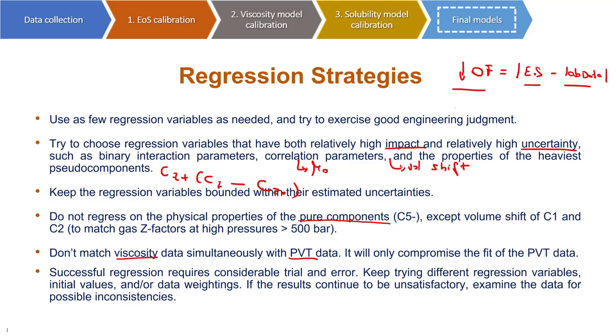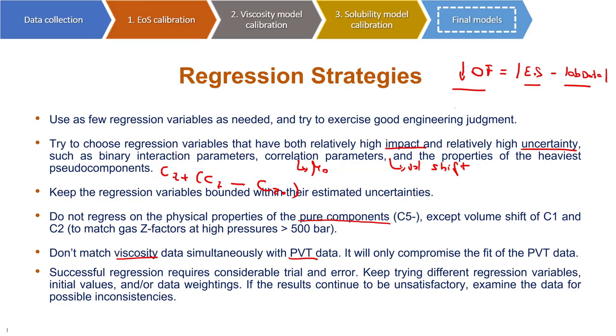So be careful, be patient, and persist, because you need to test and see how you can improve the matching, especially using weights. Use weights to give more weight to a specific property in your objective function. Remember, this whole exercise is an optimization problem. You are solving an optimization problem.